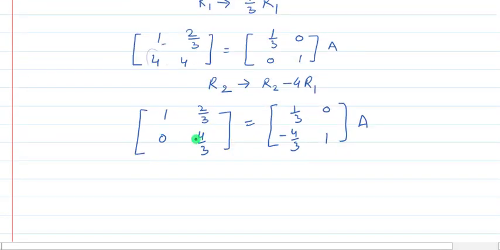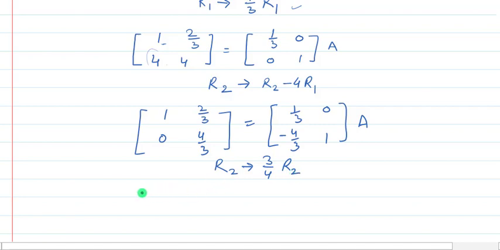Now the next step is to make 1 in the second column, and we know in the second column we should have 1 over here in place of 4 upon 3. So as we have applied over here, the simplest operation is R2 implies 3 upon 4 R2.